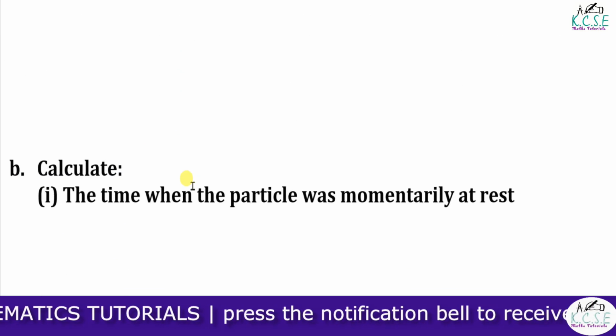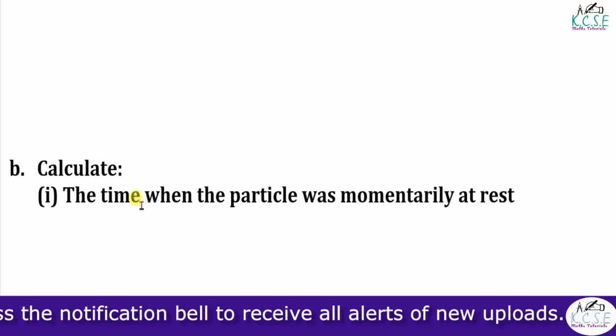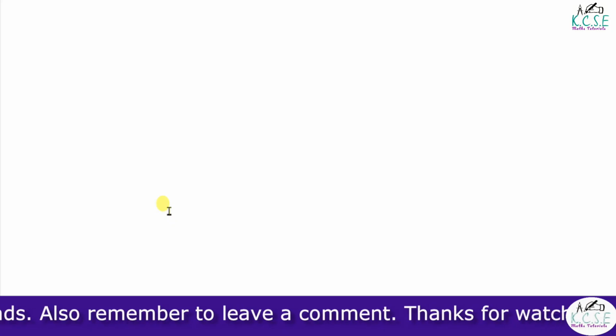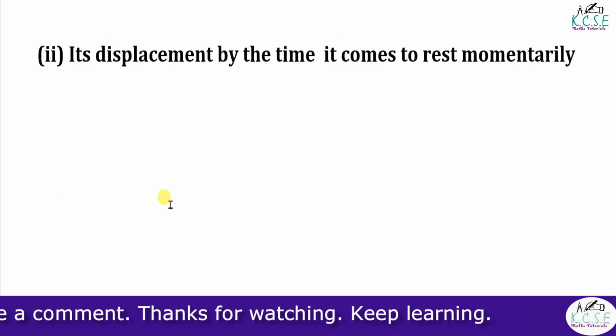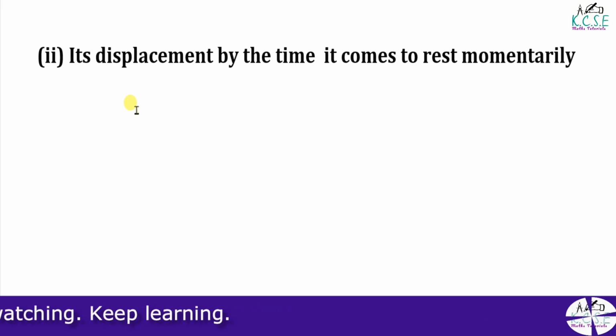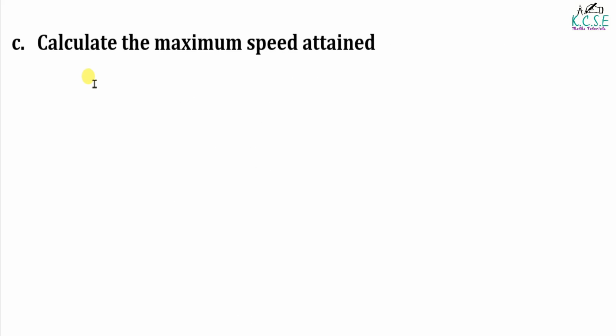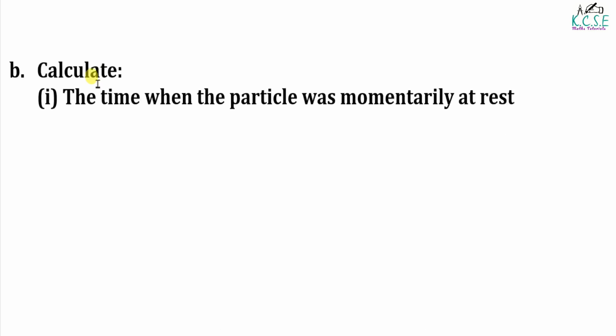Part B part 1: calculate the time when the particle was momentarily at rest. B part 2: calculate its displacement by the time it comes to rest momentarily. Then part C: calculate the maximum speed attained. So those are the questions we're supposed to solve.